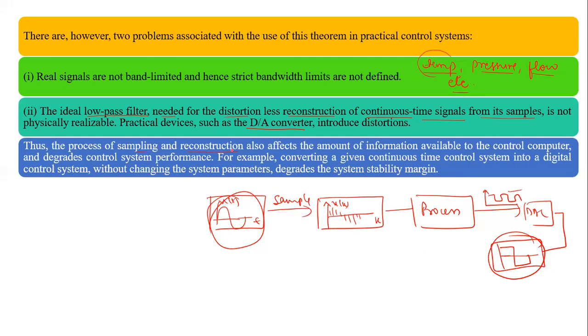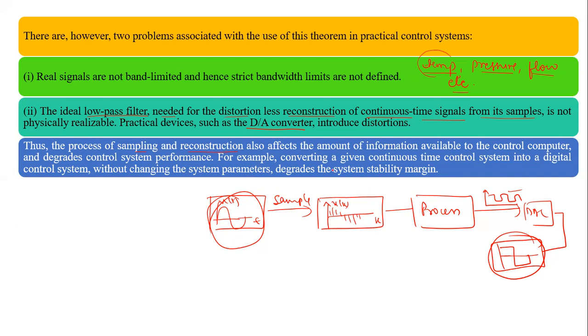So now what happens? The overall performance of the computer or the controller is degraded because of this, because this is a complicated approach, and it will finally degrade the performance of the system.